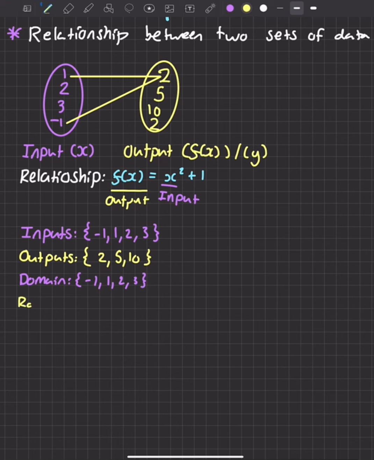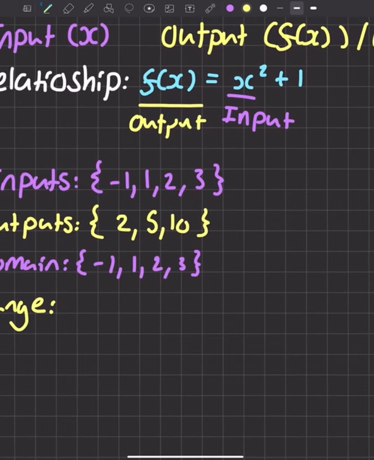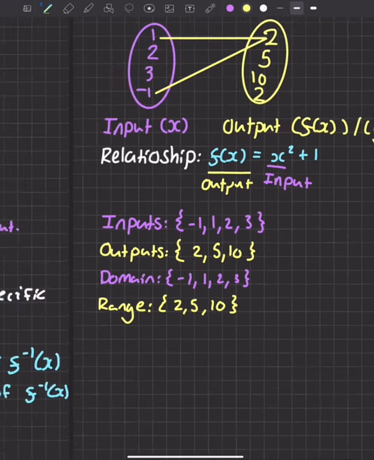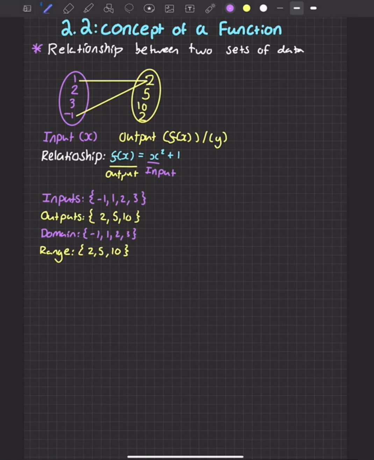And the same thing goes for range. Your range is the range of results, or the range of outputs, you get for the function. So your range for this function is 2, 5, and 10. Okay, so your current domain is minus 1, 1, 2, and 3, right? But let's say you wanted to expand this domain.